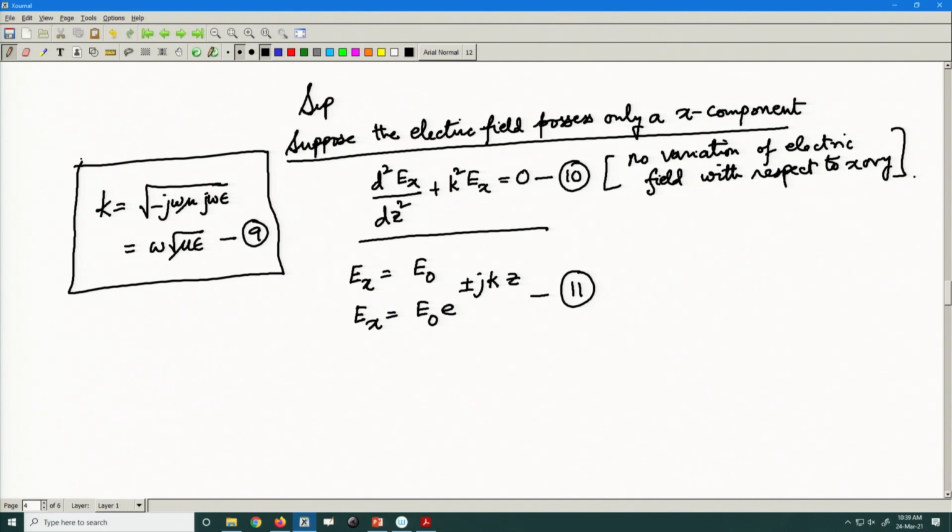So, now let us consider the solution E x as E 0 e to the power minus j k z. So, this is a forward going wave.